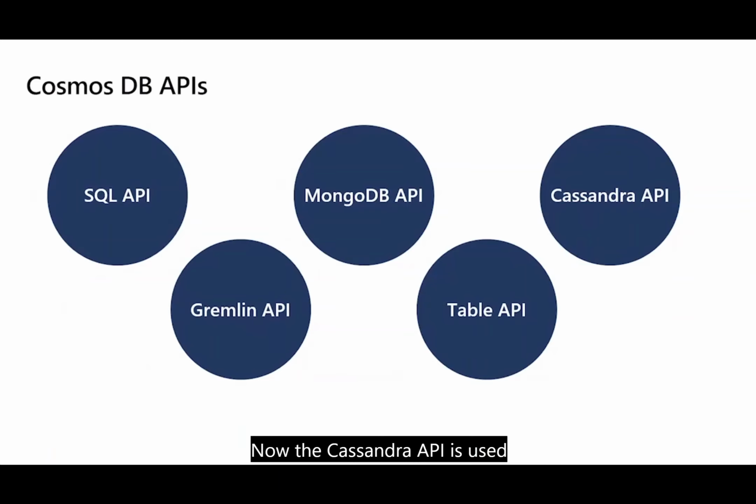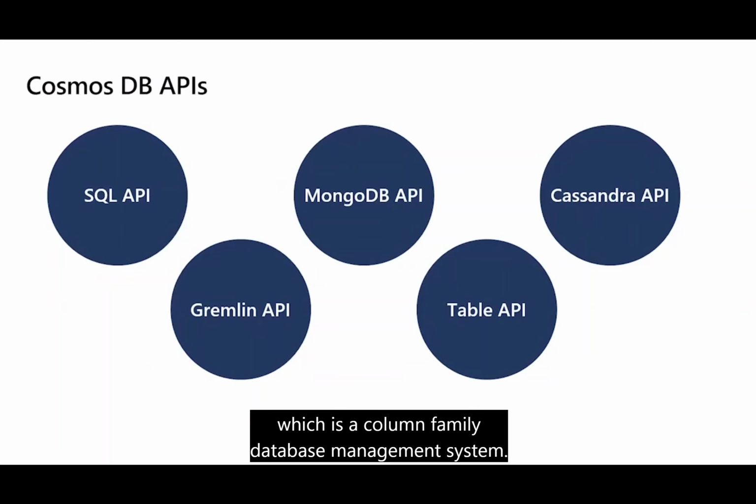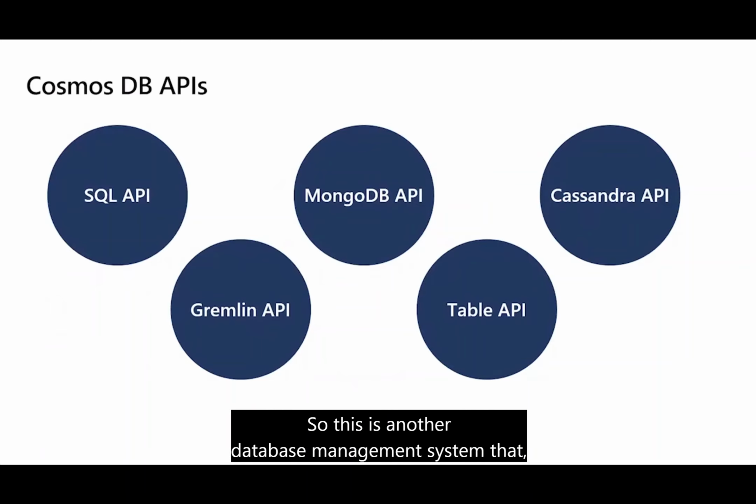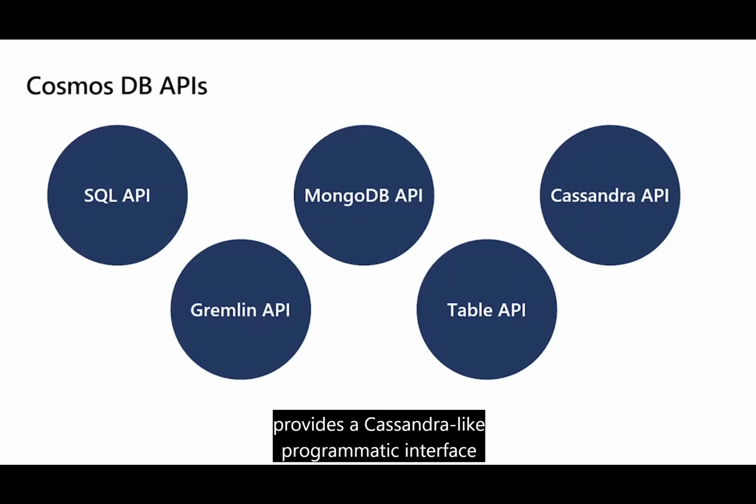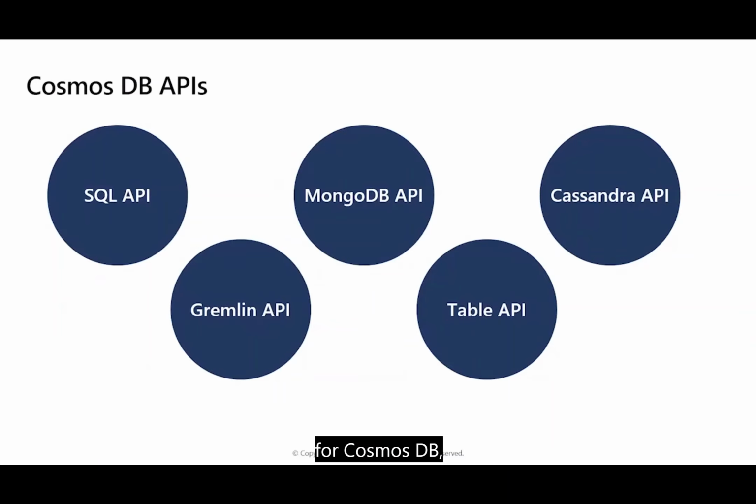Now, the Cassandra API is used to support Cassandra, which is a column family database management system. This is another database management system that, again, a lot of organizations run on premises. The Cassandra API for Cosmos provides a Cassandra-like programmatic interface for Cosmos DB.